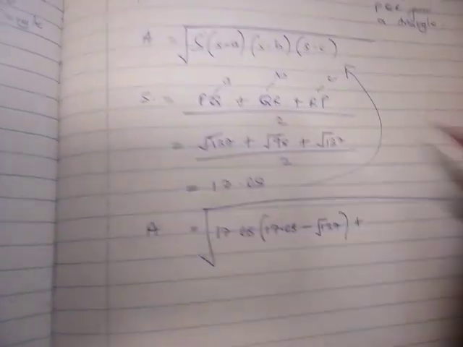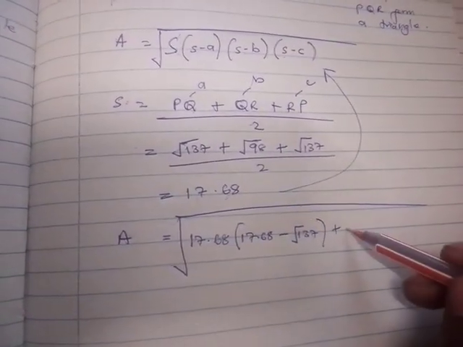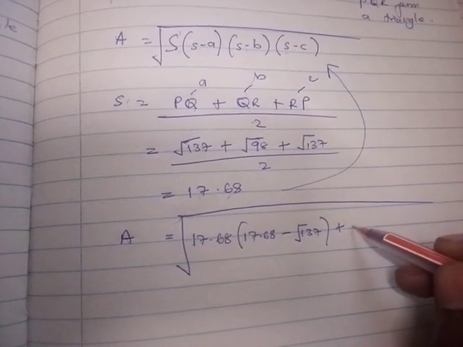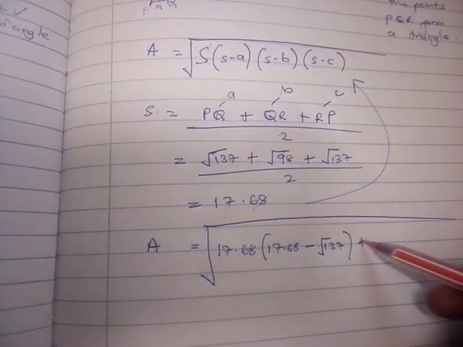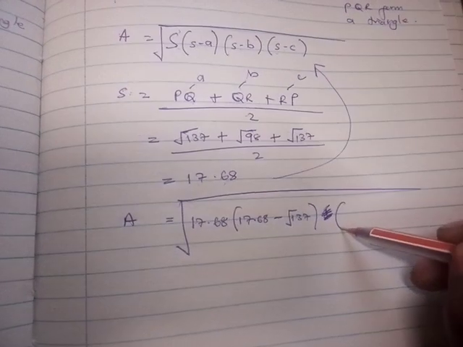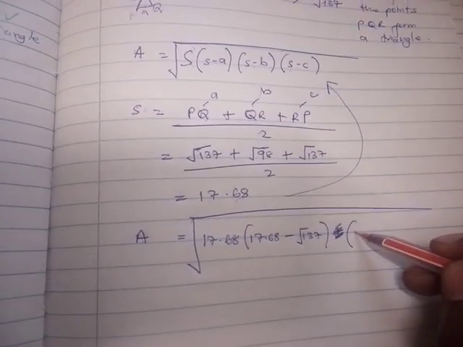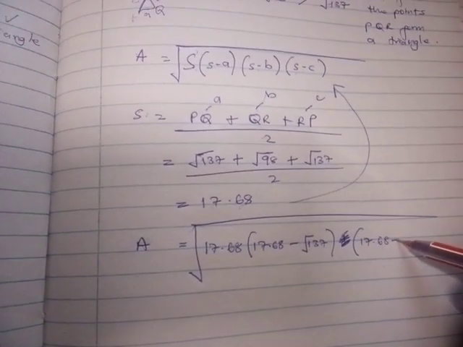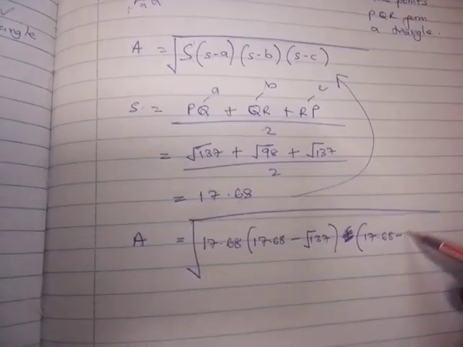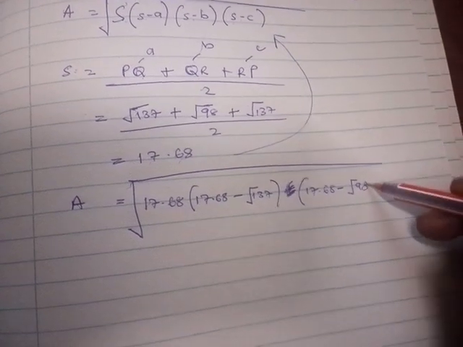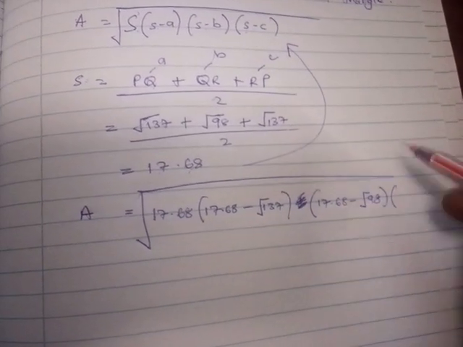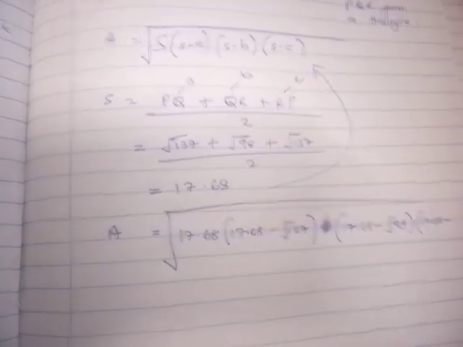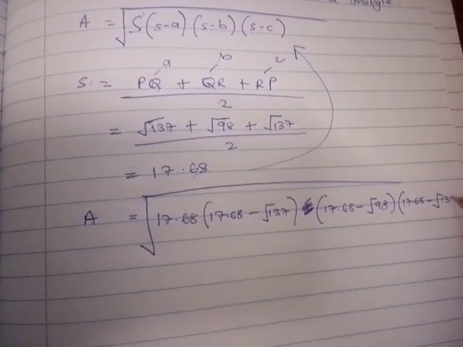Then again, into S, which is 17.68, minus b. b is 2R, 2R was root of 98. Then again into S, which is 17.68, then minus RP, which is c. c was again root 137.